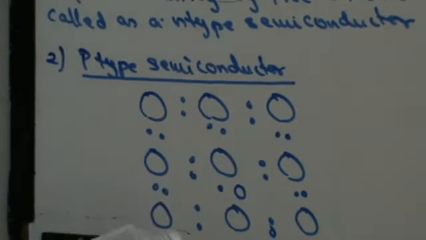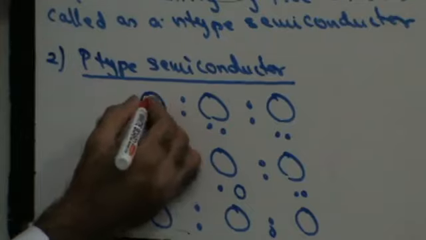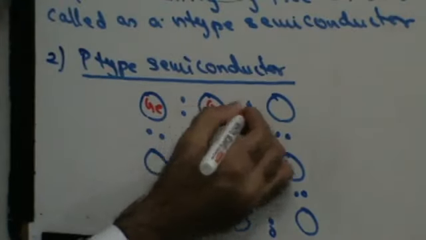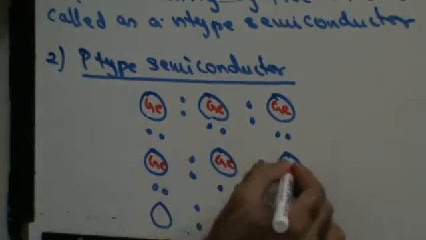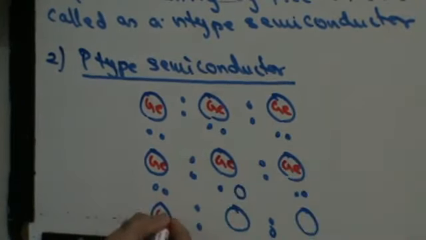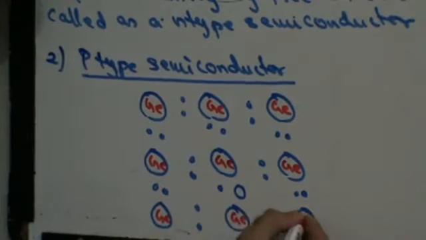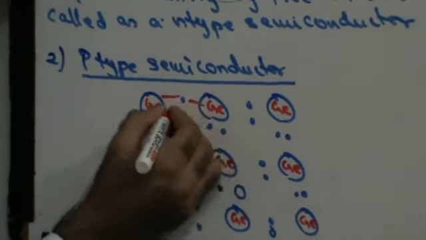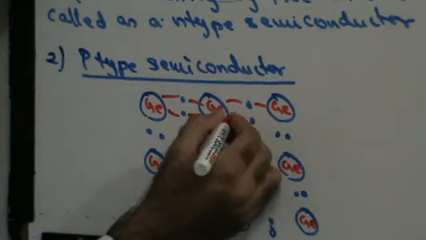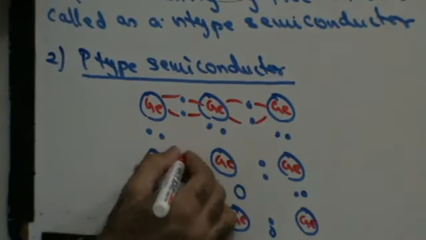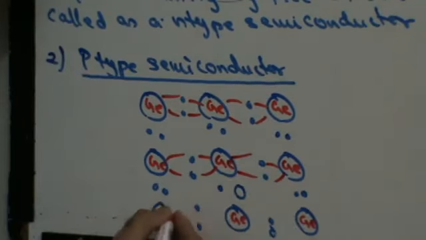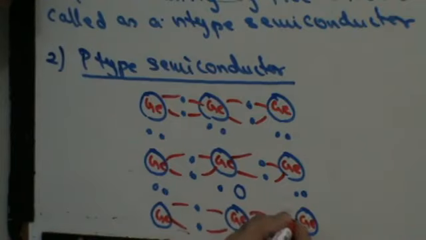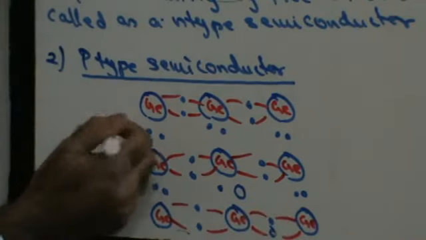So this is, say, germanium. So my majority carriers, sorry, my majority carriers here are going to be holes.